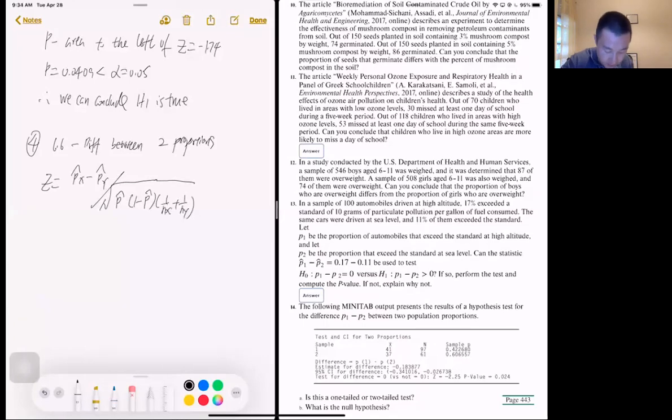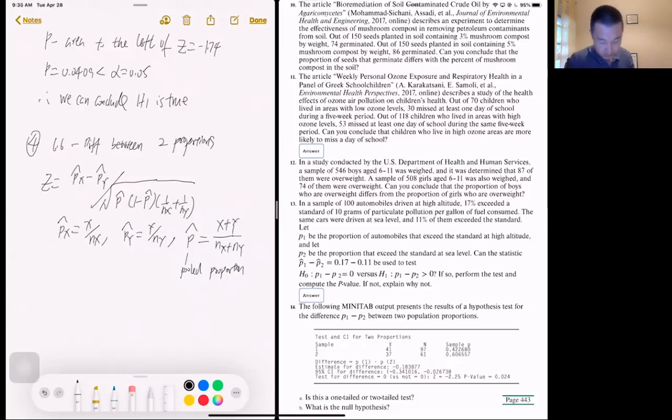Here the sample proportion px is equal to x over nx, and the sample proportion for y is y over ny. The pooled proportion is an average of the proportions for x and y. So this is the equation for the pooled proportion.